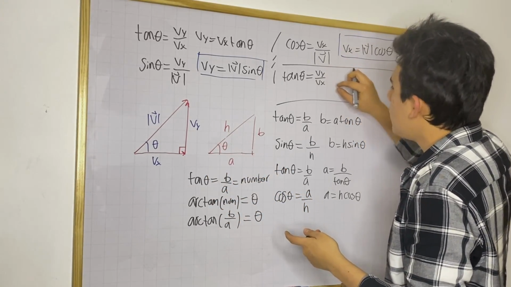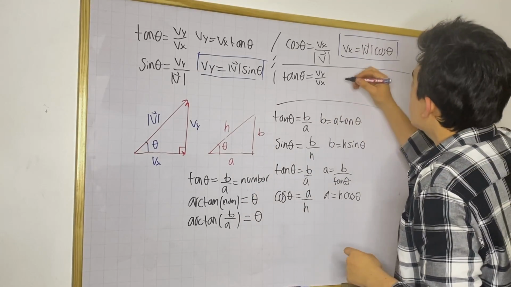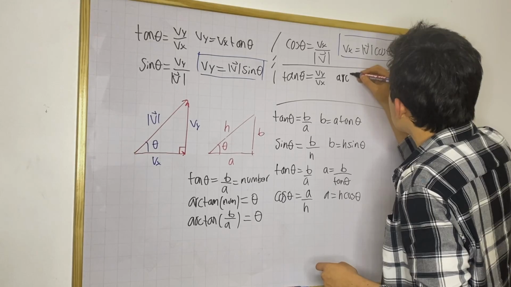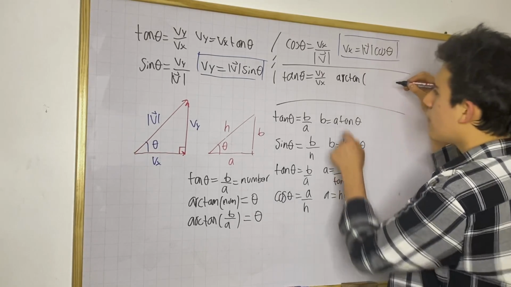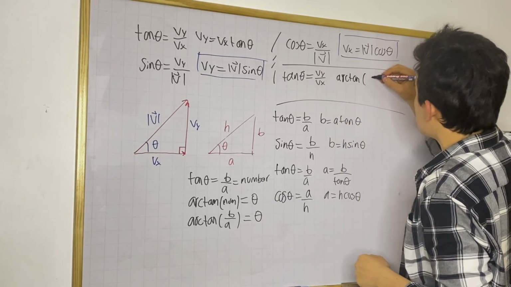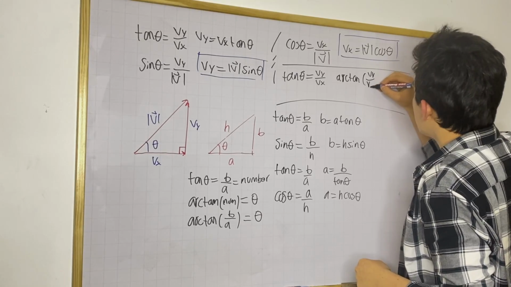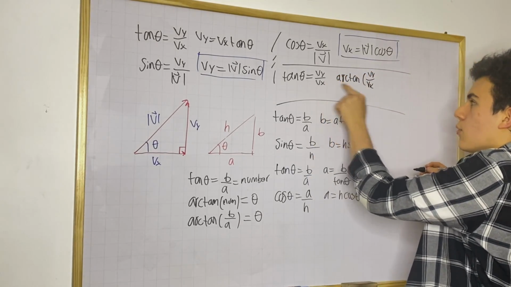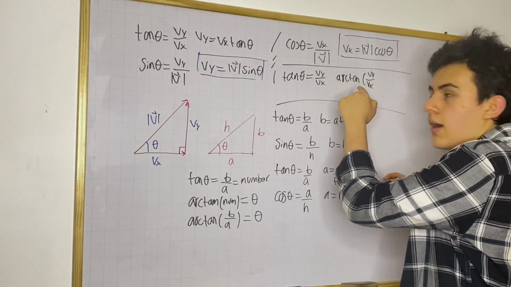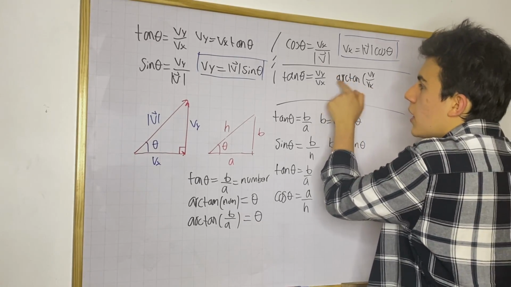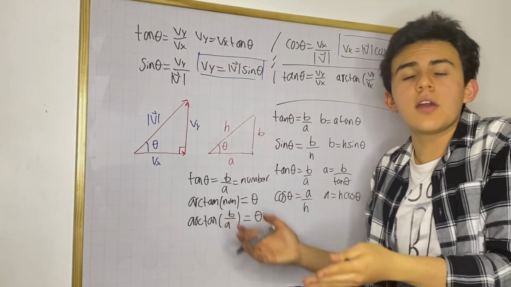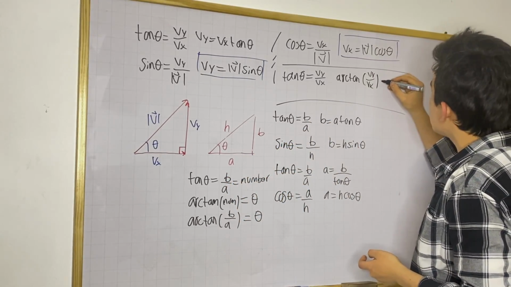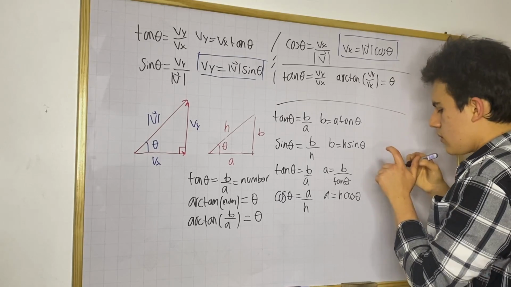Vy over Vx is going to give us another number. So if we do arctangent of whatever this number is, which you could say is Vy over Vx, this is going to be equal to any number. And if we plug that number in there, we're going to get theta. And that number is equal to Vy over Vx, so that means we can plug in Vy over Vx. They're the same thing. So arctangent of Vy over Vx is going to be equal to theta.